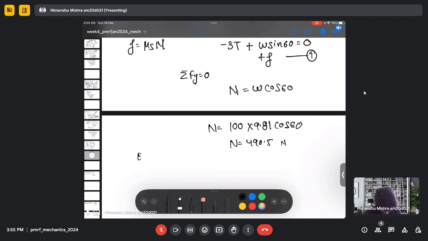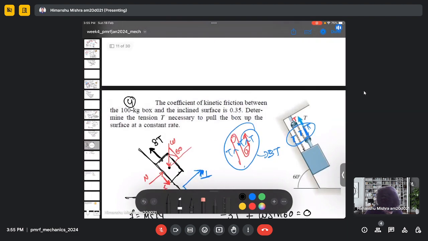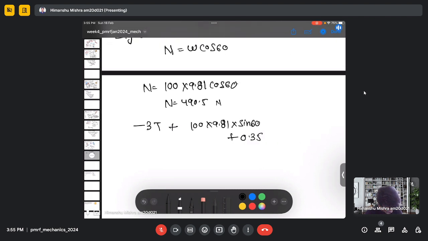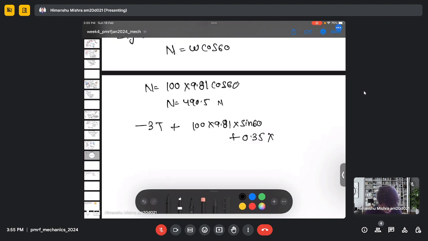Now I can use equation 1, 3T, 100 times 9.81 multiplied by sin 60 plus the coefficient of friction is 0.35 multiplied by normal reaction, which is 490.5.